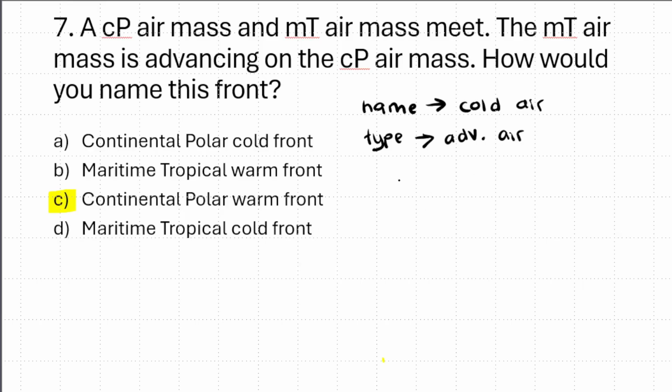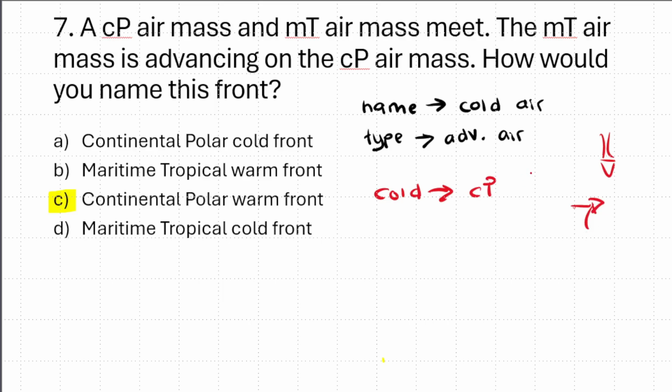So in this situation, what would the cold air be? We have a continental polar and maritime tropical. So the cold air would be our continental polar air, right? The continental polar air is usually coming from up here, whereas maritime tropical is coming a little bit from over here.